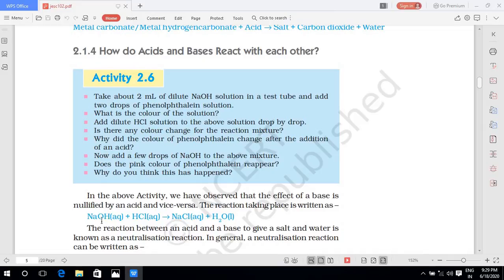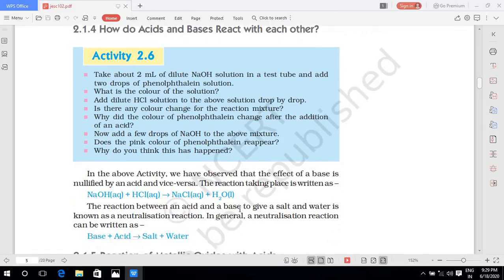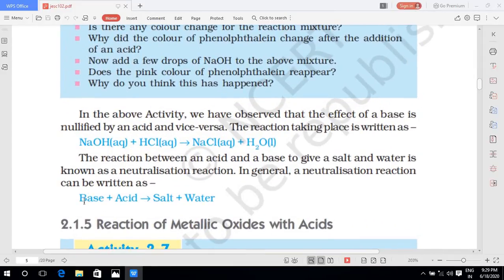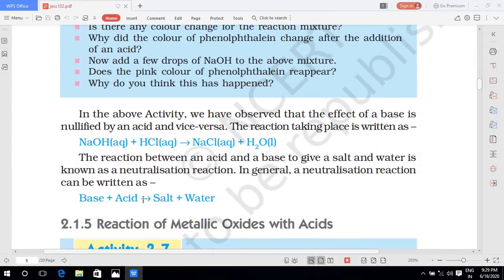Such as sodium hydroxide reacting with hydrochloric acid gives off sodium chloride and water. So in a very short way, we can write: base and acid give salt and water.